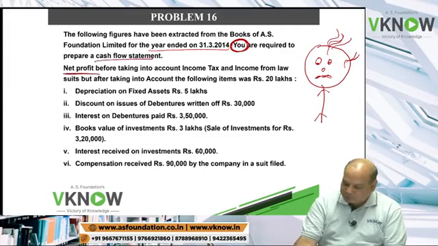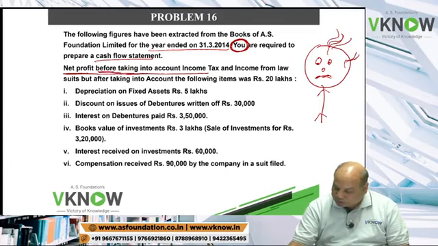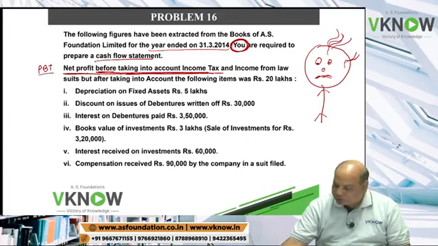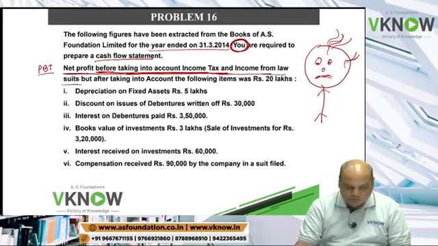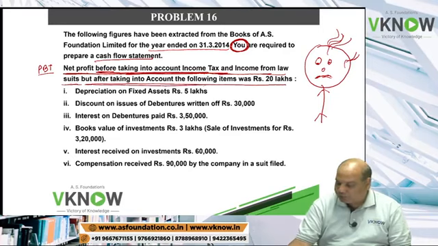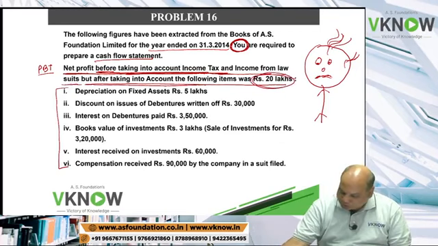Net profit before taking into account income tax. So this is PBT given to you, before taking into account income tax and income from lawsuits but after taking into account the following items, was rupees 20 lakh.